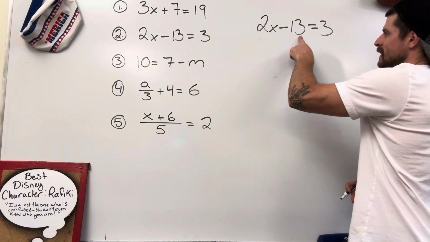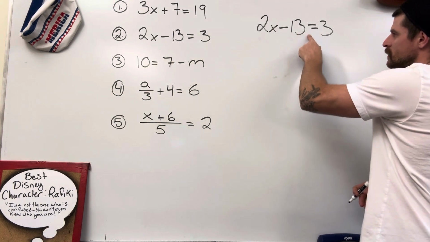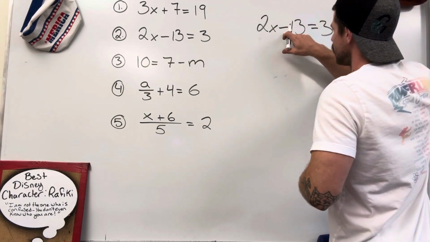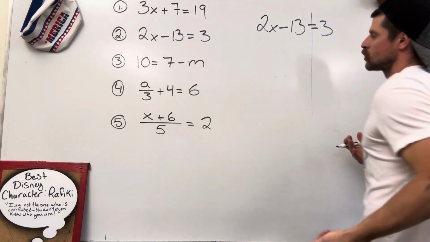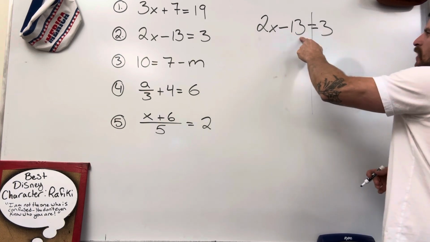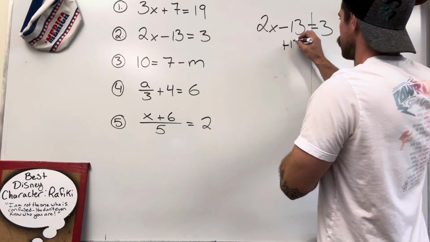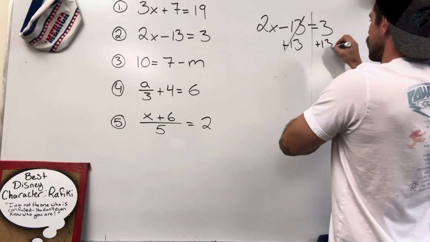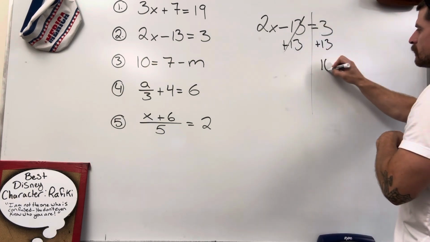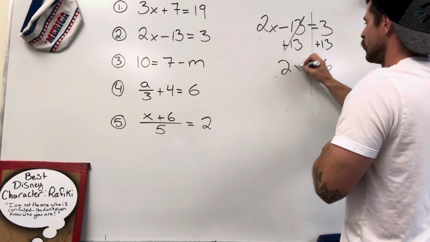Here we're subtracting 13, so we've got a negative term essentially. So in order to get rid of minus 13, just like we would on problem 1, the opposite of adding 7 was subtracting 7. Well, what's the opposite of subtracting 13? Adding 13. So that will cancel out. Add 13 to the other side, and now we're at 16 on the right side. 2x on the left.